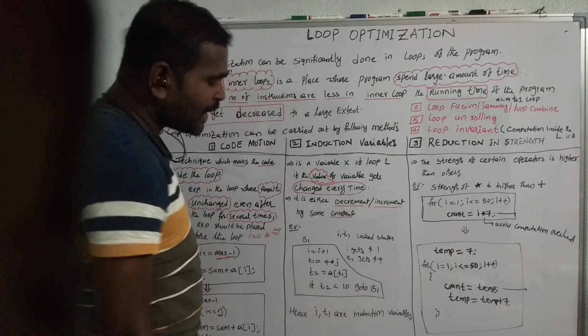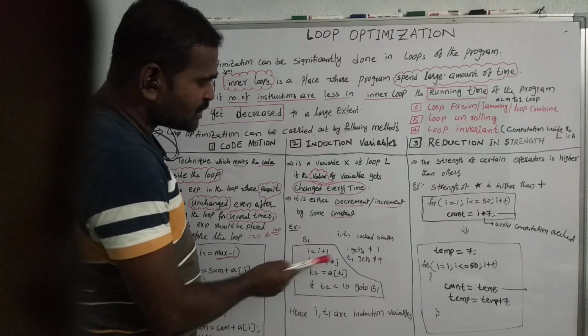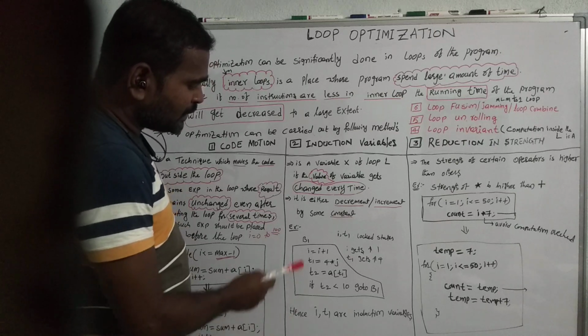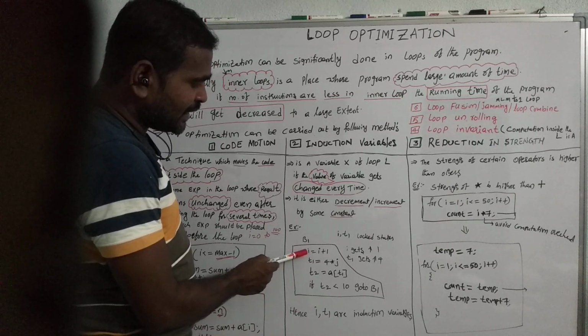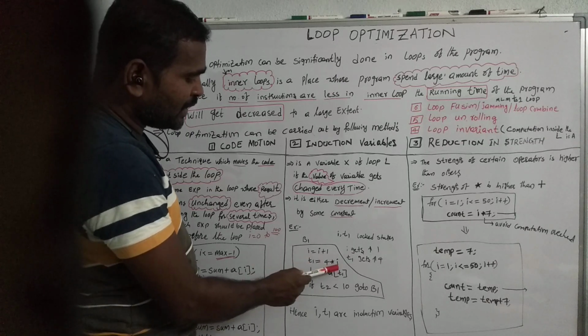In this case, the variable I and variable t1 are in a locked state; I gets incremented by 1 and t1 gets incremented by 4. So the values of these variables get changed in every iteration. In the second iteration, the I value is incremented by 1 and the t1 value is also incremented by 4.